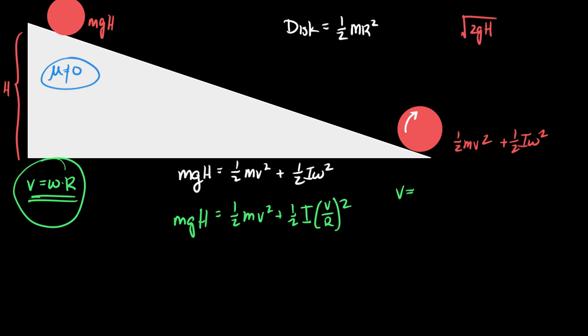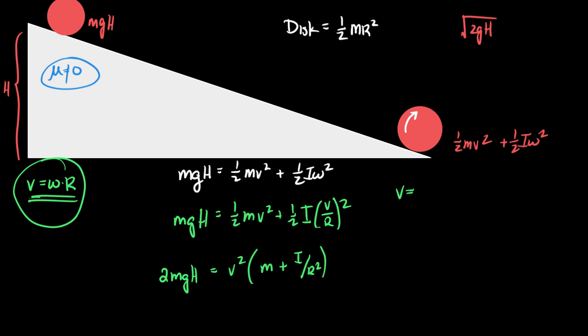All right, so I have a 1/2 on both terms there, so I'm just going to multiply through by 2. And I'm going to collect the V squareds. That's going to give me just M here, but on this side it's going to give me I divided by R squared here.